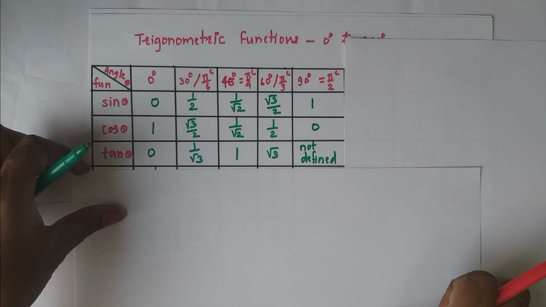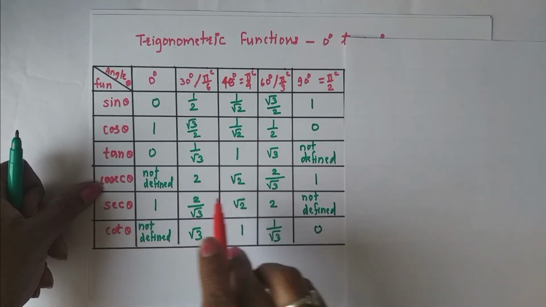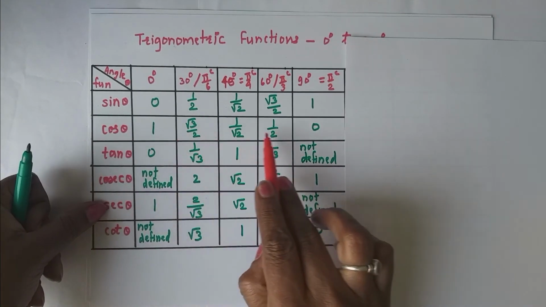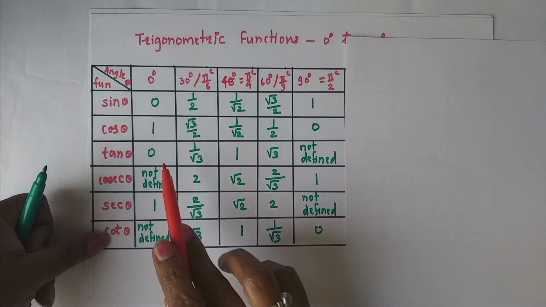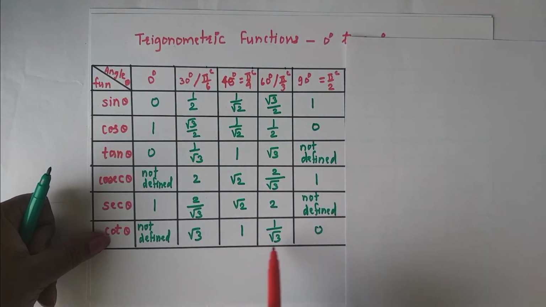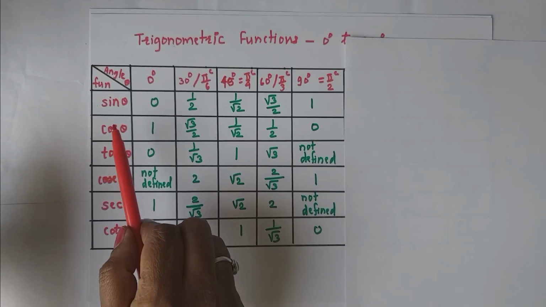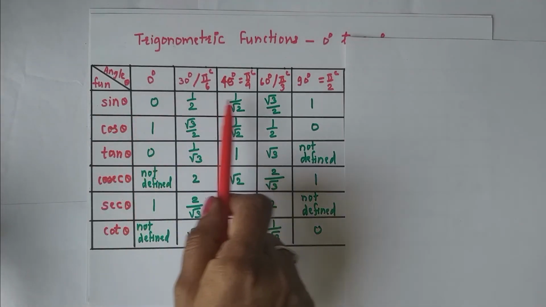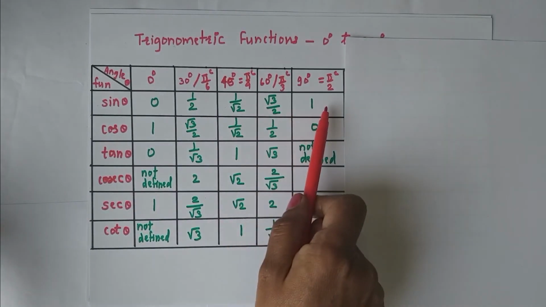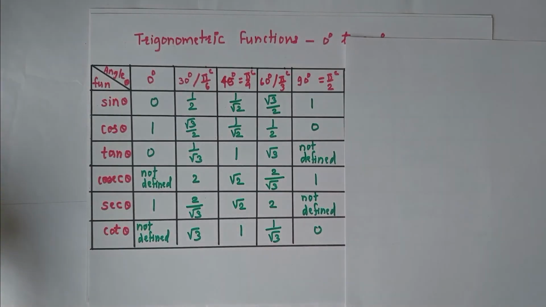Then we know that if you take reciprocal of sine, we will get values of cosec. You take reciprocal of cos, you will get values of sec. And you take reciprocal of tan, then you will get values of cot. You have to remember only values of sine from 0 to 90 degree. If you remember these 5 values, then you will get all these values of 0 to 360 degree.